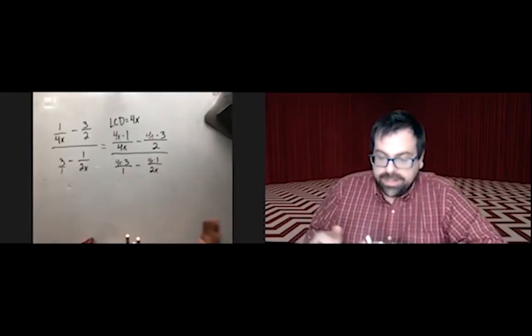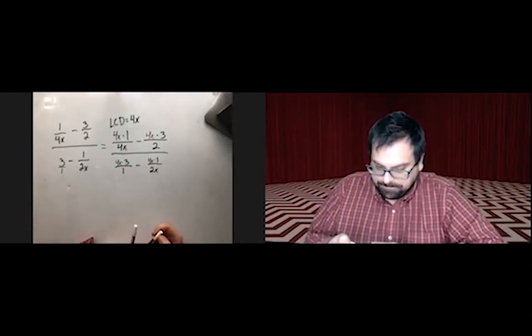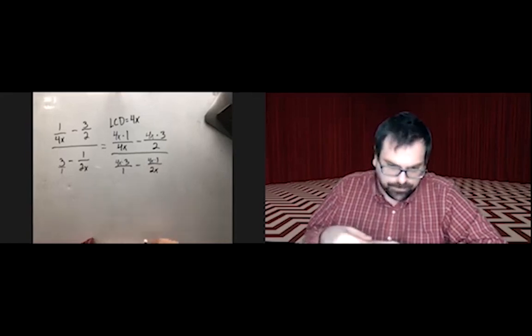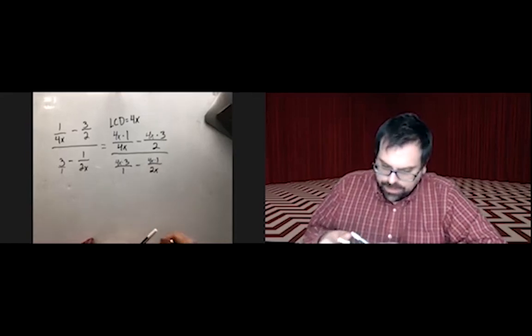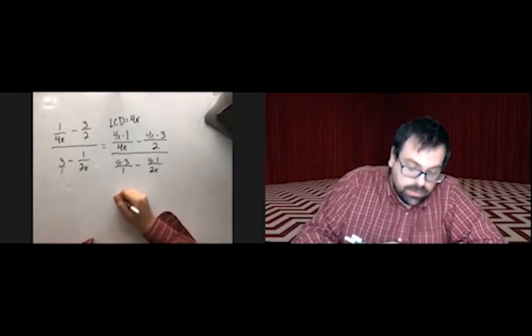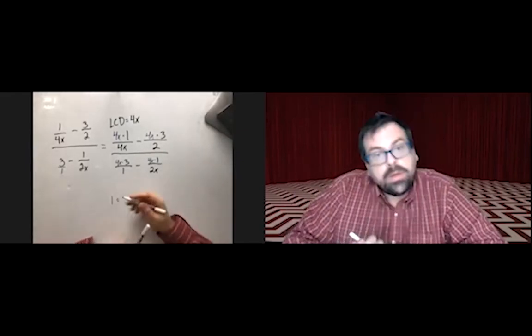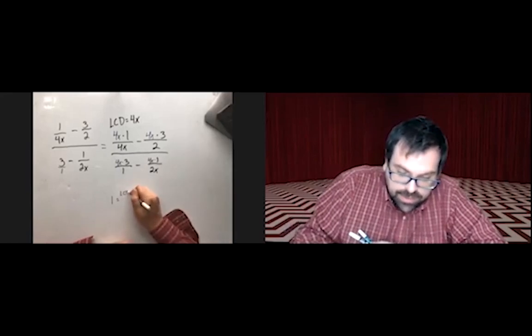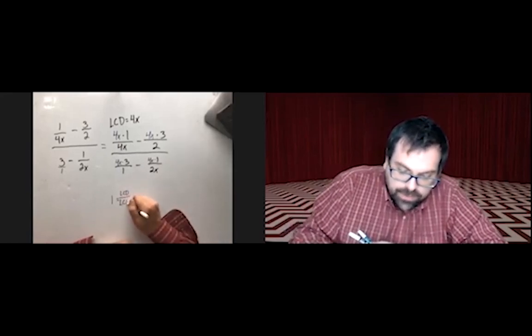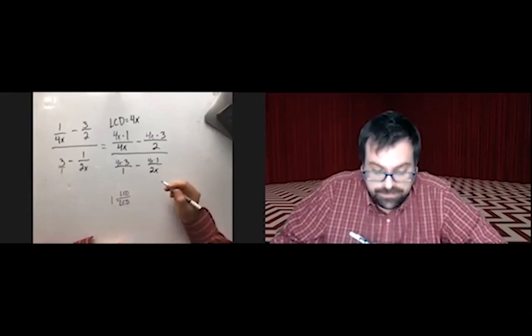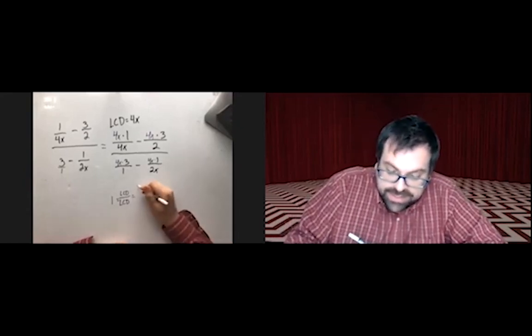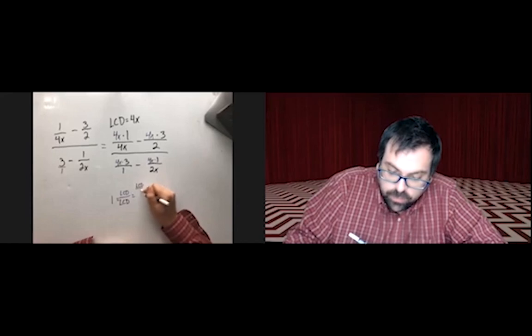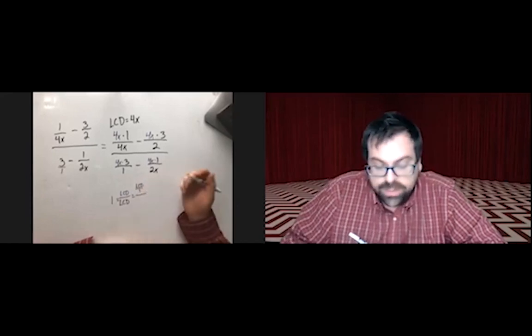Let's take a look at why this works. I want you to consider the number 1. 1 is anything over itself. In this case, we're using the LCD over itself. And the LCD is the LCD over 1, because anything over 1 is itself.